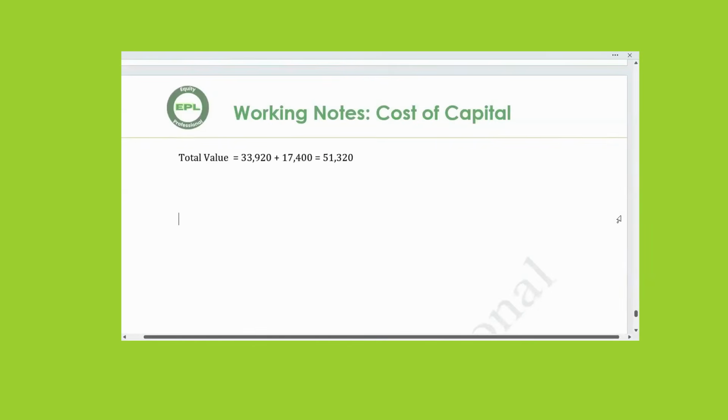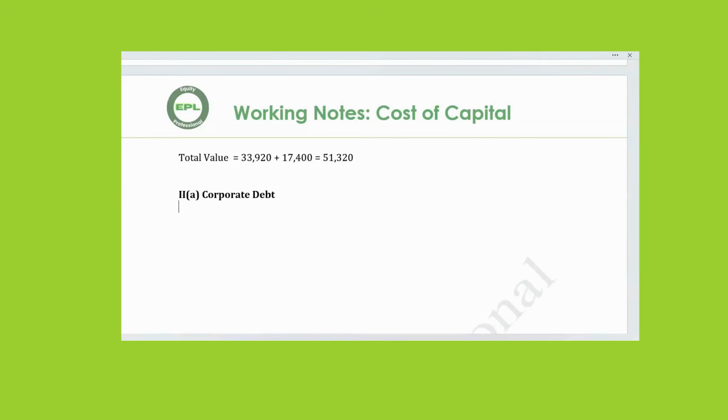Requirement number 2A. Corporate debts. The examiner is asking you to explain that corporate debt is often assumed to be risk-free.